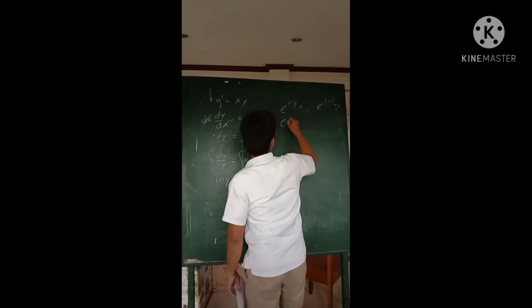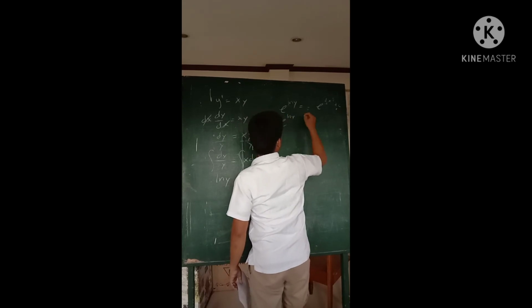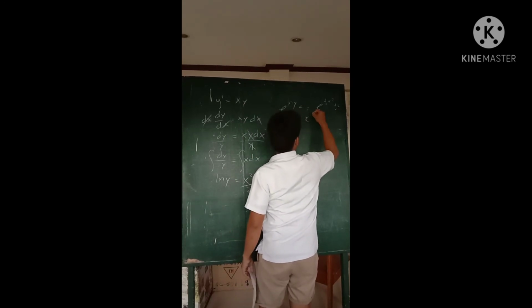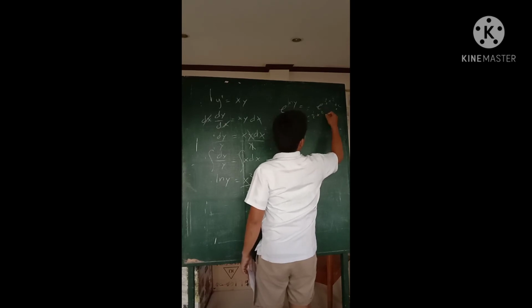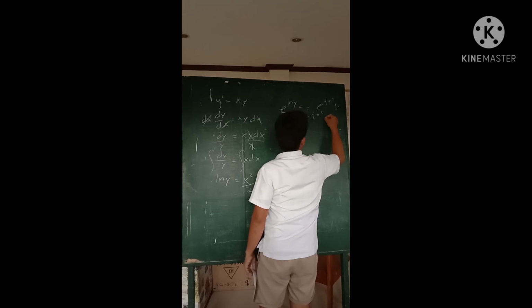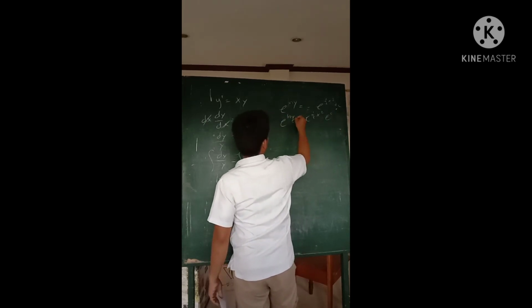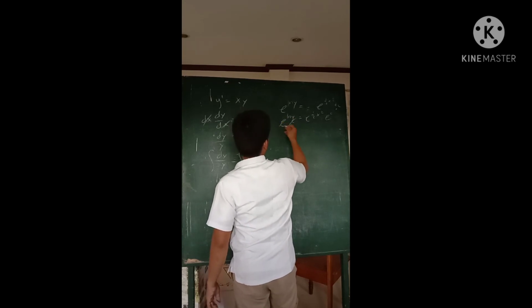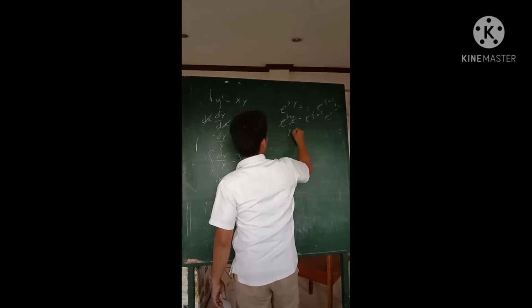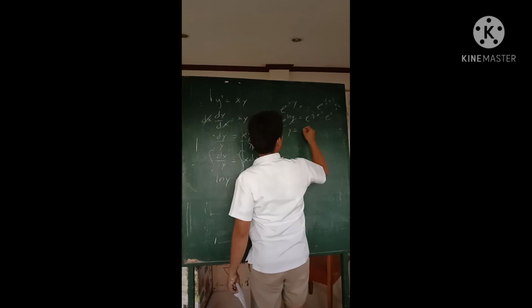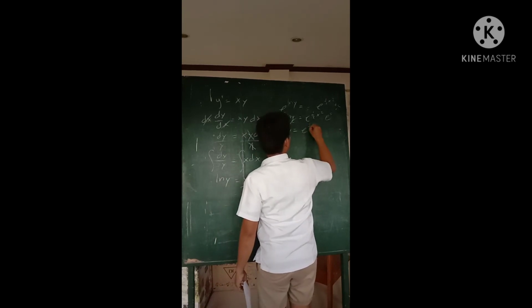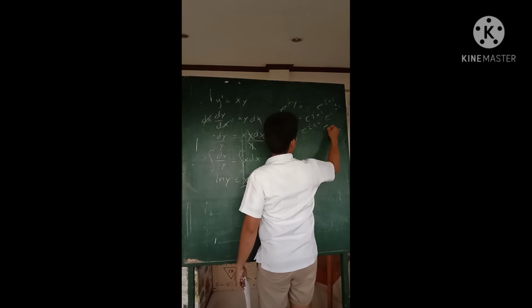Exponentiating, y equals e to the 1/2 x squared times e to the c, so that we can cancel out the ln.